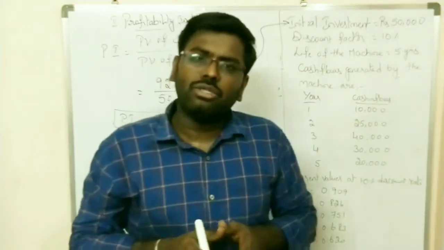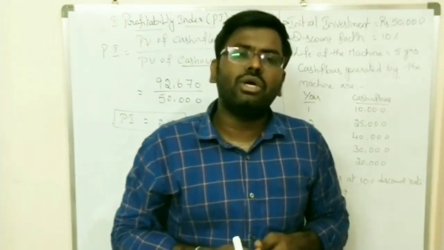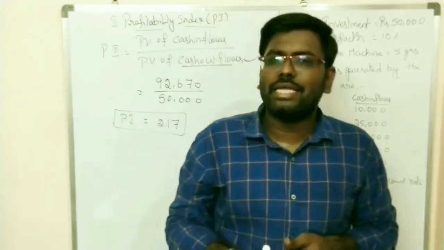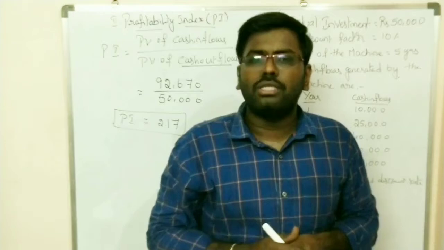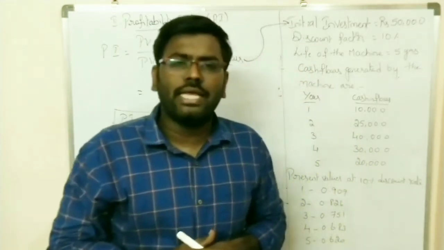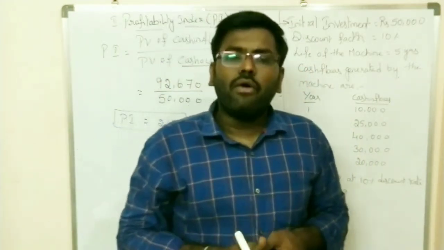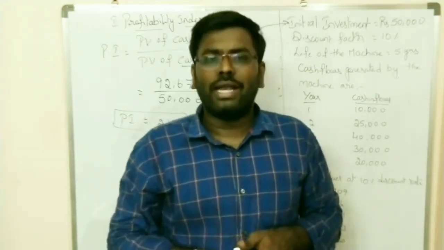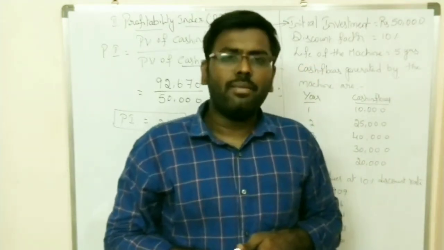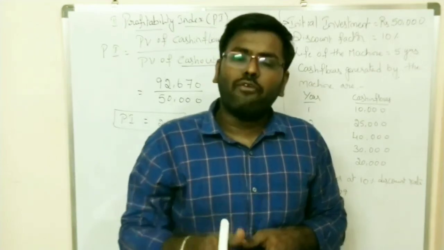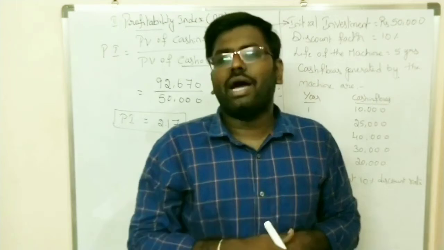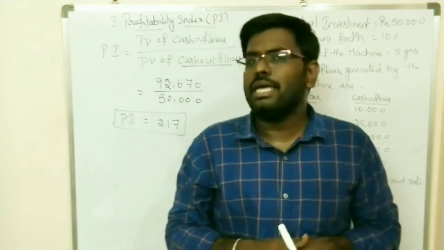Here also, for the profitability index, we have certain criteria for selecting and rejecting assets or projects. What are those criteria? If the profitability index is more than or equal to 1, then we can accept the project. And if the profitability index is less than 1, then we will reject the project.